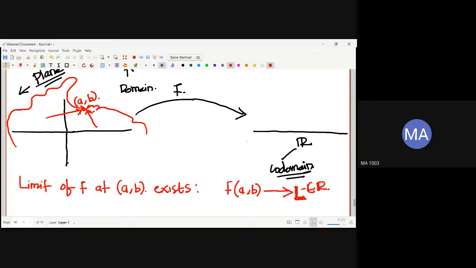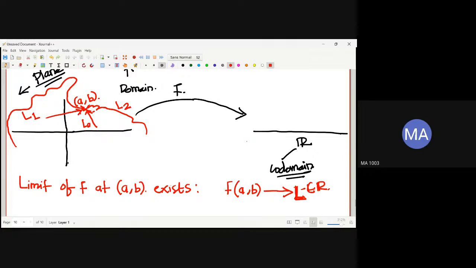So if I'm taking this path, let's say this is L1 and this is L2, this is L3. It doesn't matter in which direction.